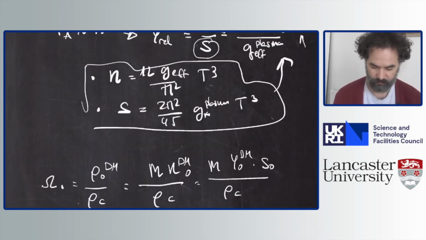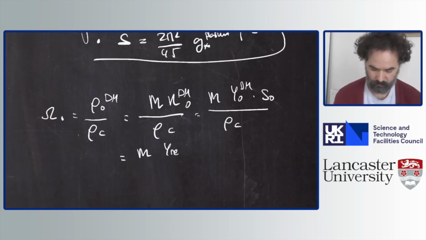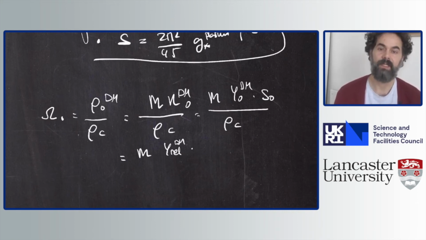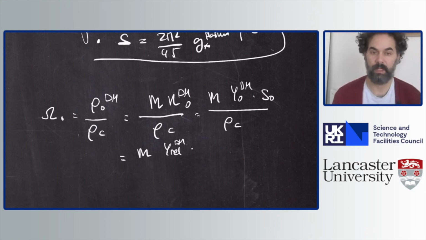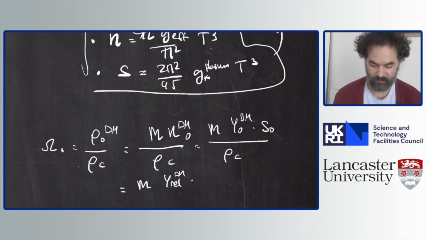The entropy today is stored in photons, all the other particles that were in equilibrium have disappeared, and this entropy is given by the CMB.